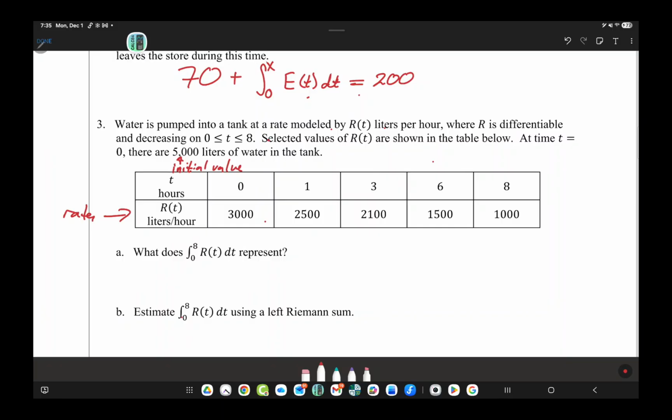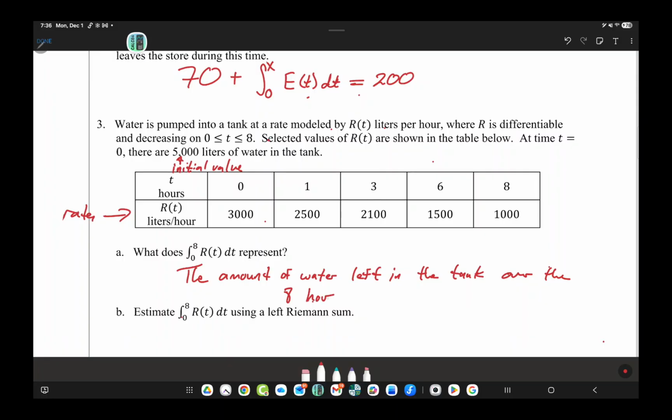So what does the integral from 0 to 8 of R(t) represent? Again, since R(t) is a rate, this represents the net change, or the amount of water left in the tank over the 8-hour period.